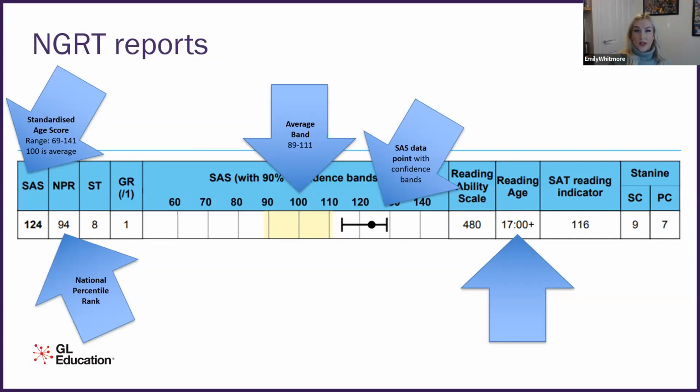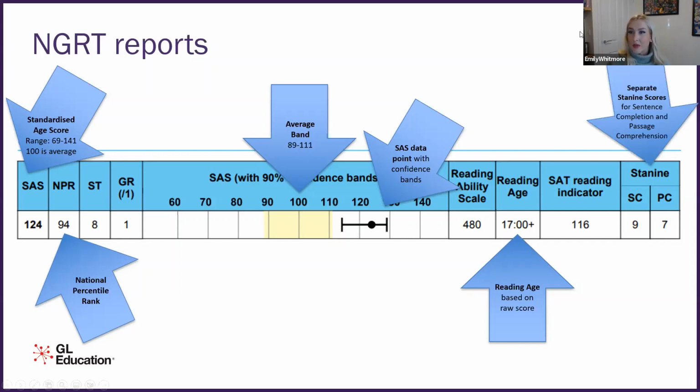But one thing I want to focus on today, a crucial data point that's often missed, is the separate Stanine scores for sentence completion and passage comprehension. Because it is here where you can see a possible discrepancy between two important processes that make up the function of reading, that being sentence completion, or decoding, and passage comprehension.